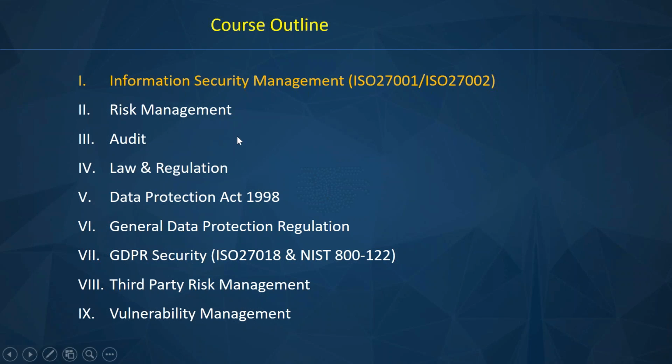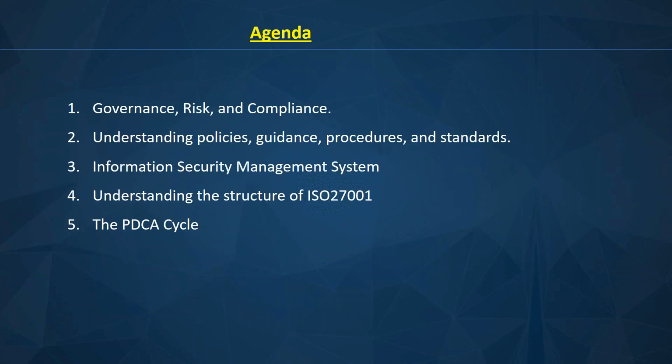So today we're continuing from where we stopped last week, but we're going to start with the definition of a few terms. The agenda for today is governance, risk, and compliance. We need to understand what governance is, what risk is, and what compliance is. And then we need to understand policies, guidance, procedures, and standards.